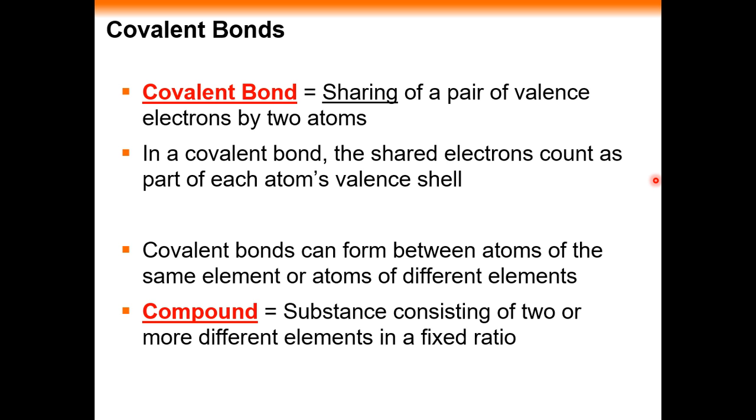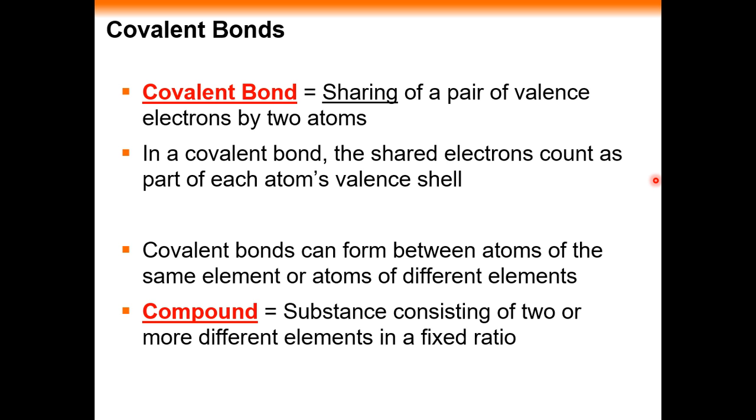Now, isn't that nice? They share the electrons, and when they do, it counts for both atoms' valence shell. So let's just say, this really doesn't happen, but let's just say one atom has 4 valence electrons. Then it might interact with another atom that has 4 valence electrons. They share those 4, and together they have 8 electrons.